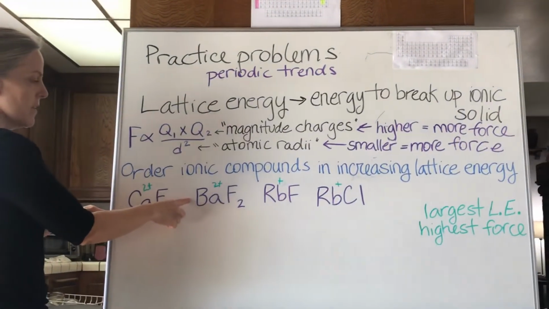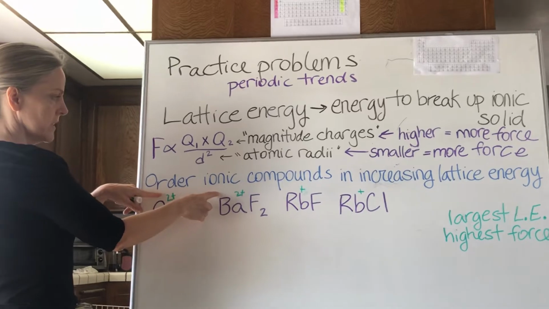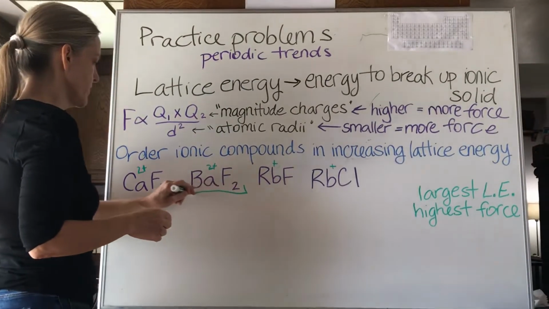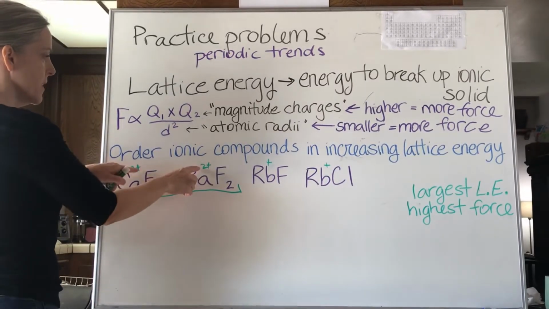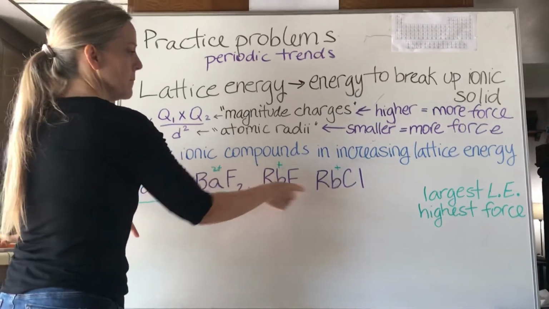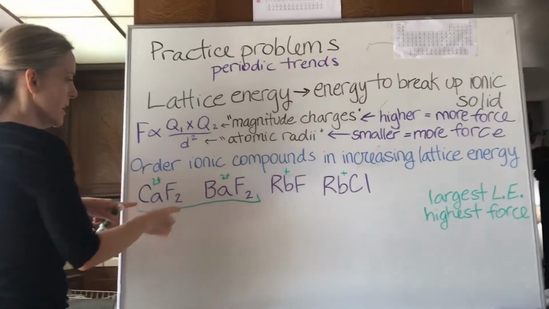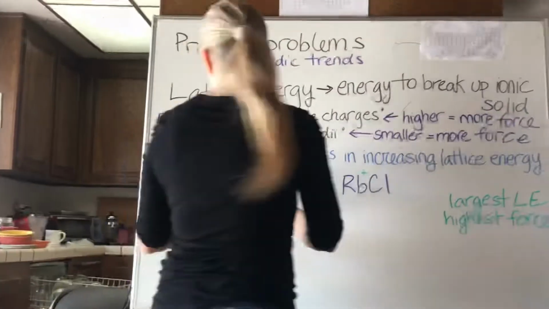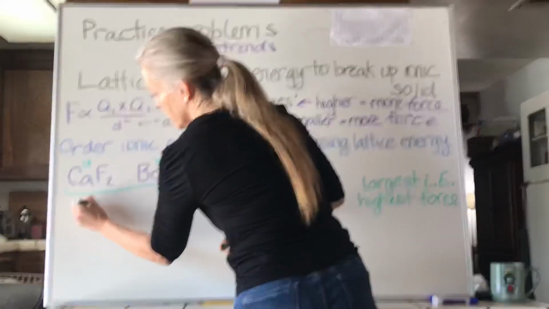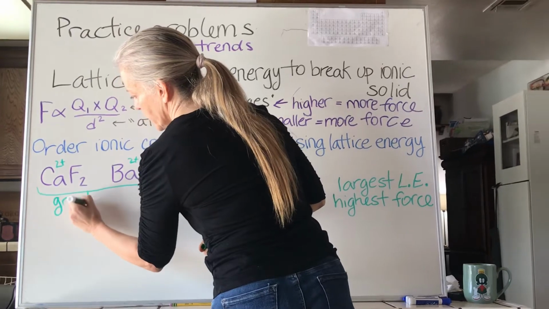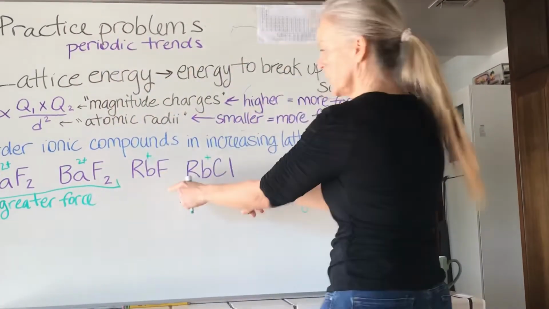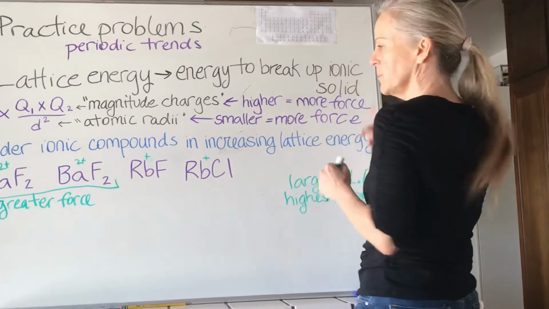These two have the larger charges. So these are 2 plus with fluoride, this is 1 plus with fluoride, and then we'll compare those two afterwards. Of these two, this is greater force than those two, and again, because they're higher charges, more force.